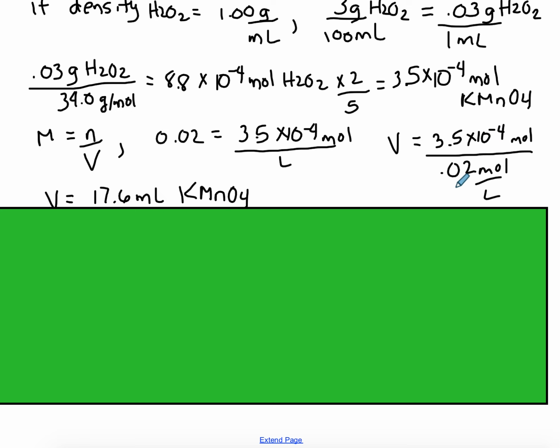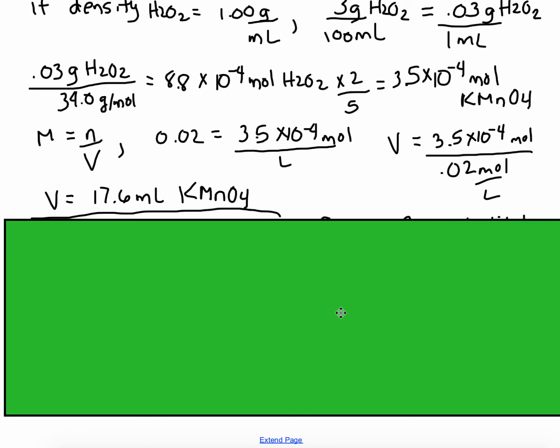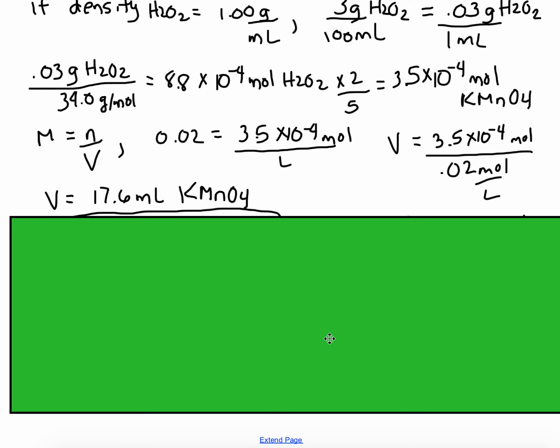I'm going to get liters, and then I can multiply by 1,000. And what I arrive at, and you should convince yourself that you can follow these calculations, I get 17.6 milliliters of potassium permanganate. That is the approximate volume that you should expect to use based on 1 milliliter of hydrogen peroxide.